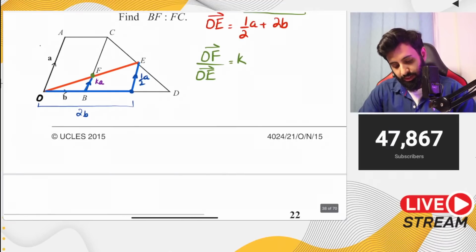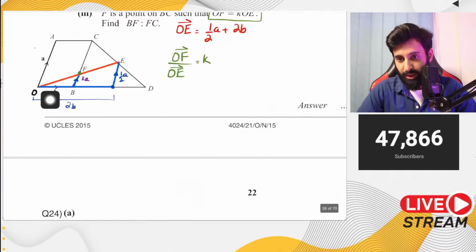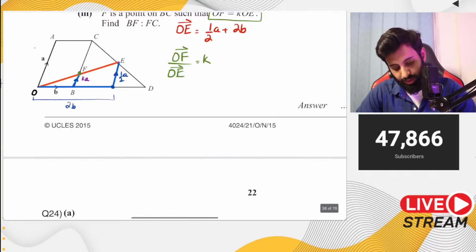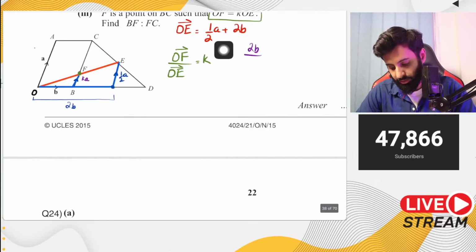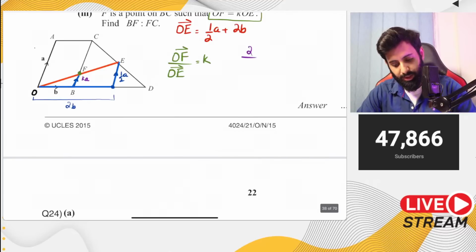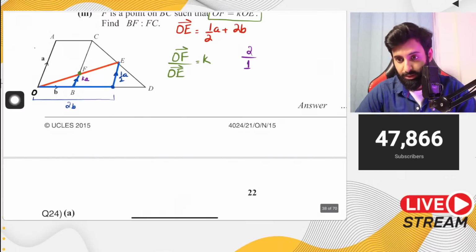Now notice one thing, and that is that whatever is the ratio of the base will have the same ratio of the heights as well. So for example over here, 2 is the B component of the bigger vector and 1 is the B component of the smaller vector.